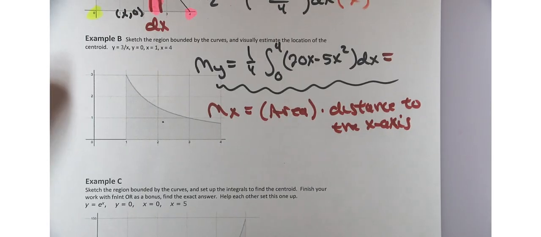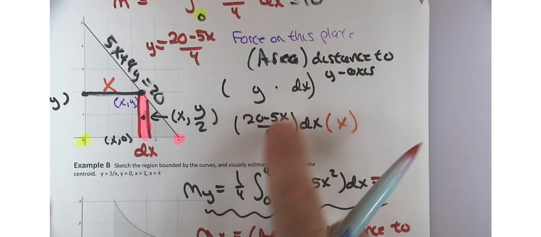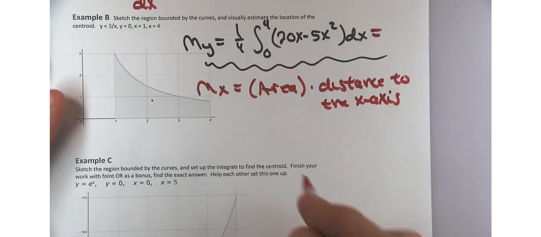Well, the area is kind of what it was before, right? It's still going to be y times dx, or this times dx. So that much hasn't changed.